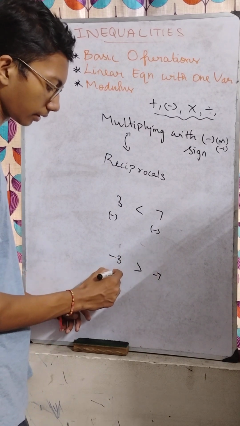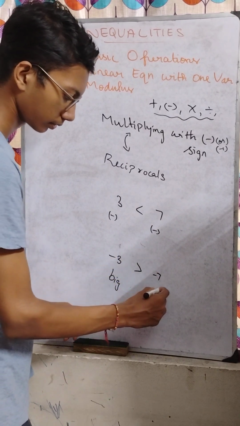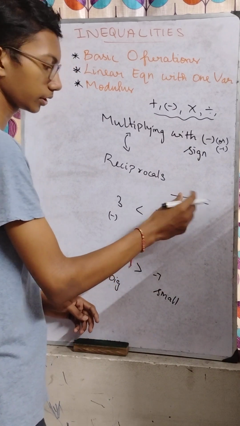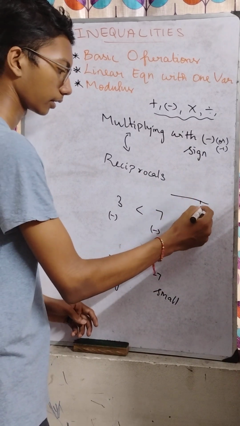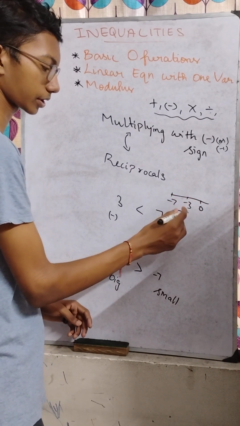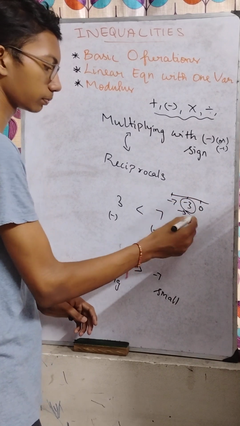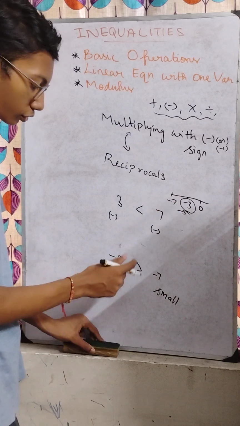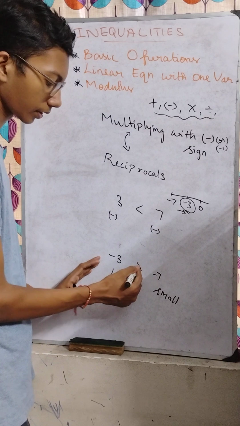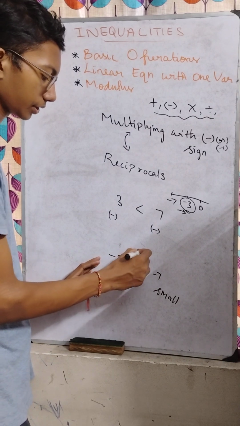Minus 3 is bigger and minus 7 is smaller, because in the normal number line we have minus 3 to the right of minus 7, which means minus 3 is bigger than minus 7. So when we are multiplying inequalities with a negative sign, the inequality direction changes.